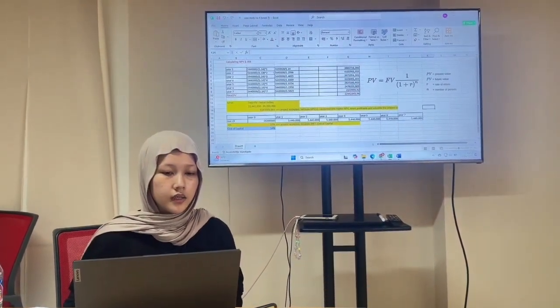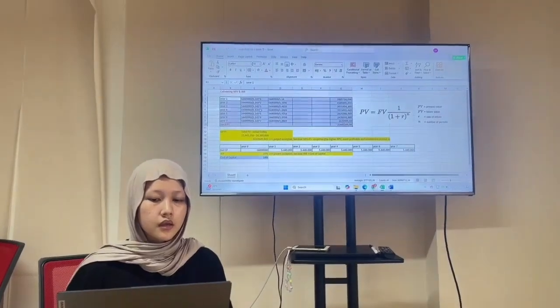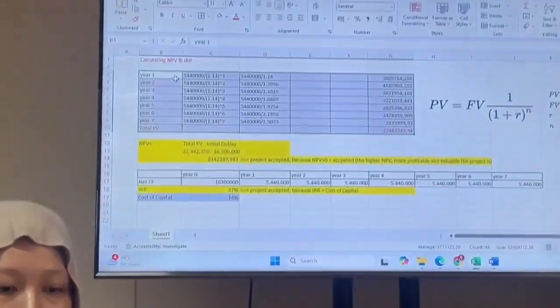So here in the table, this is the calculation of PV.